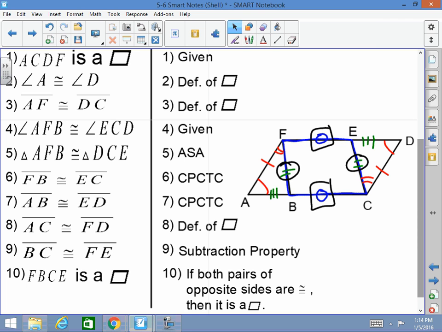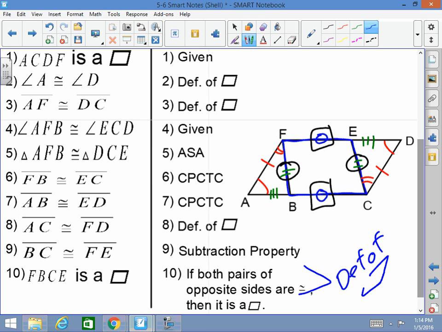You could put, if you want here, definition of parallelogram. But technically, which definition? It's if both pairs of opposite sides are congruent, then it is a parallelogram.